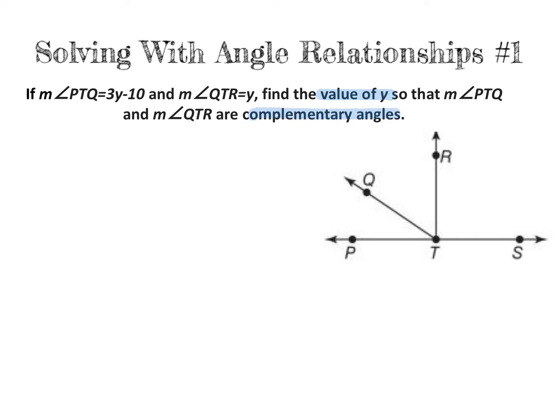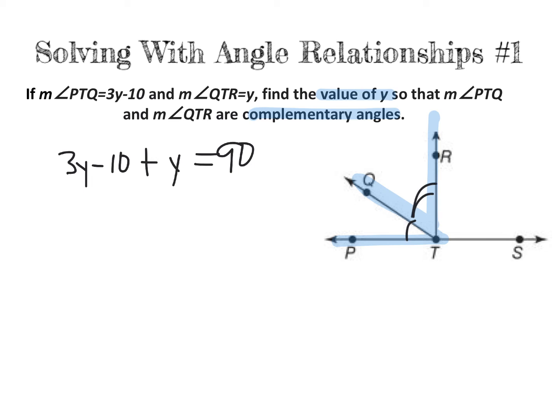So we're looking at PTQ and QTR. Together, these angles are complementary, which means they add up to 90 degrees. So the way we set up this problem is we say 3y minus 10 plus the other angle, y, should add up to 90 degrees because they complement each other.